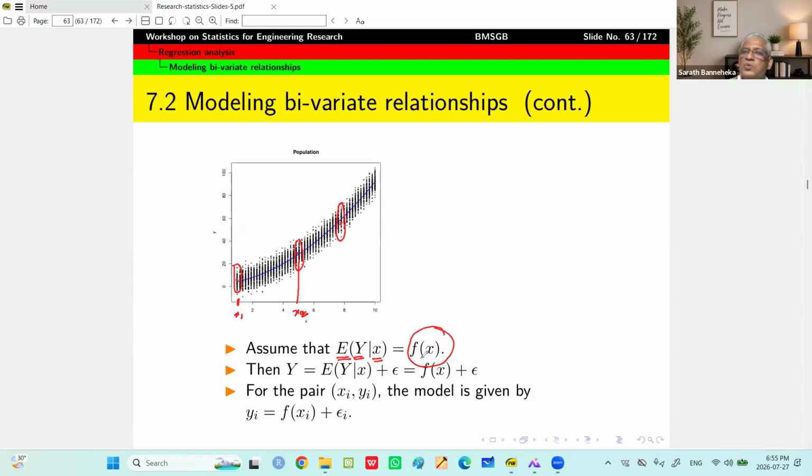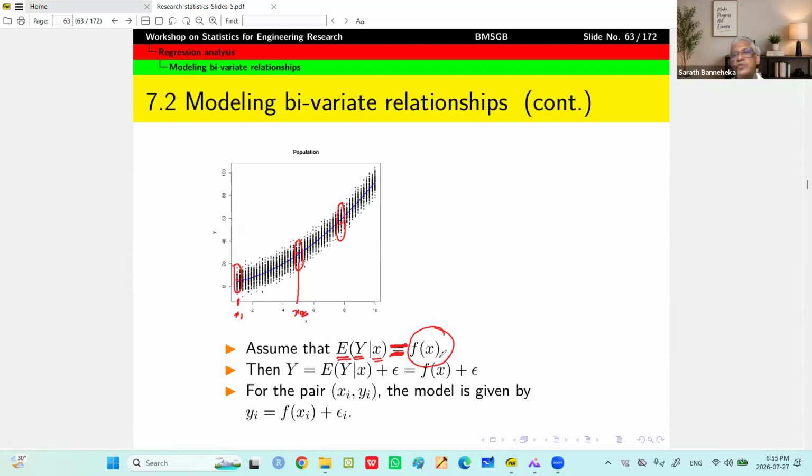Right. So usually we assume that this function is a smooth function, right? So what we are actually assuming is that the expected value of y given x is approximately f(x), even though we usually take it to be equal. So practically, the expected value of y given x will be approximately some smooth function f(x).